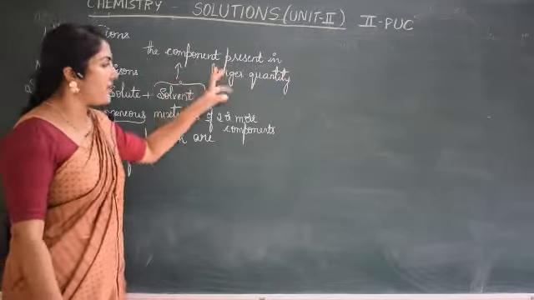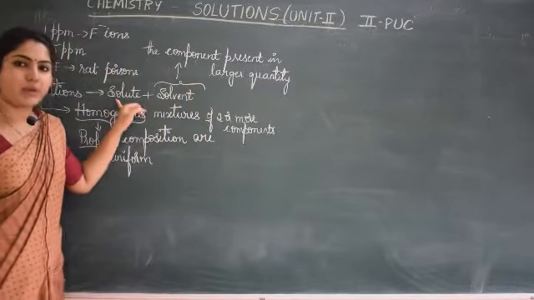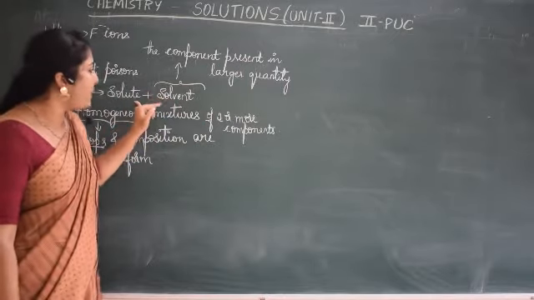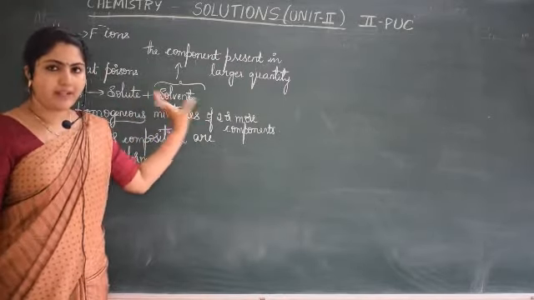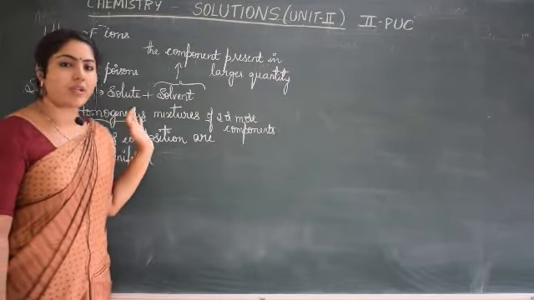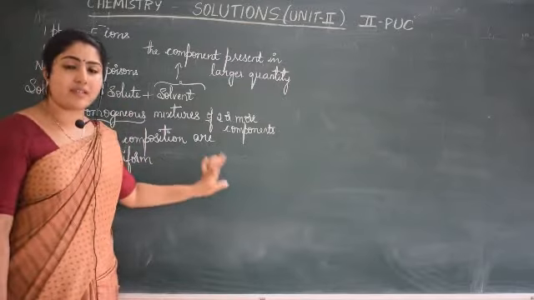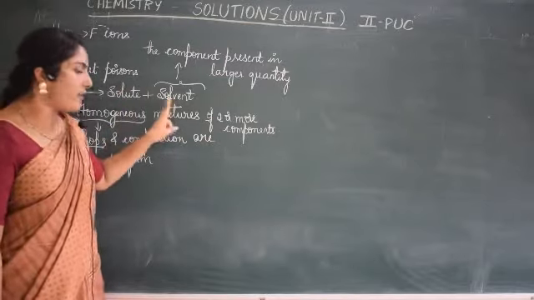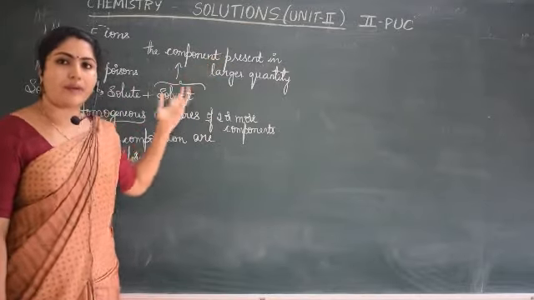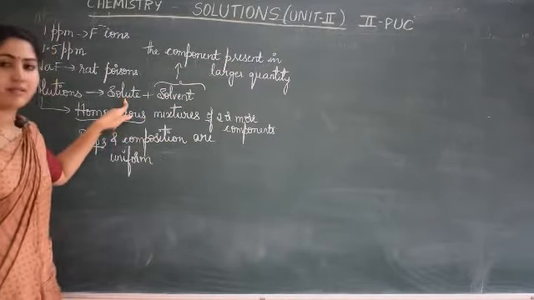The component present in large quantity in the solution is called solvent. And what will be the solute? The component present other than solvent is called solute. Clear of what is a solution? A solution is a homogeneous mixture of two or more components where it contains solute and solvent. The one present in large quantity is solvent. The other component other than solvent is called solute.